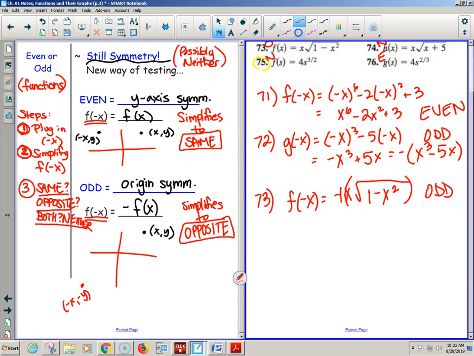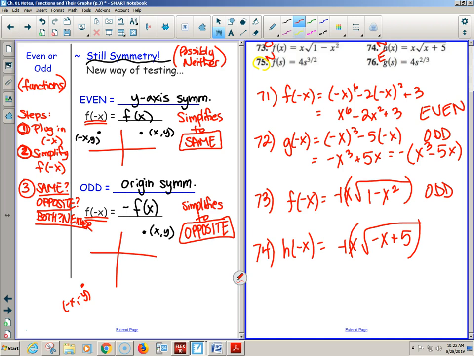Now, why is number 74 neither? It's the first one that would come up against. When I plug in and I simplify, I have a negative x outside and inside. You see the dilemma? Because if you multiply by negative 1, that's a negative 1, and I separate. This is not the same as it was to begin with, was it?